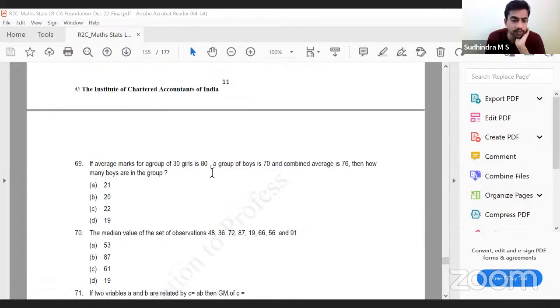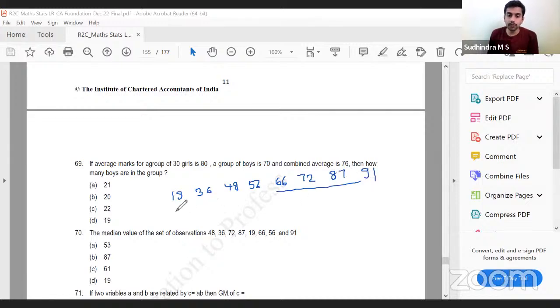Median of the following observations. Very good. So if we arrange it in ascending order, we get 19, 36, 48, 56, 66, 72, 87, and 91.